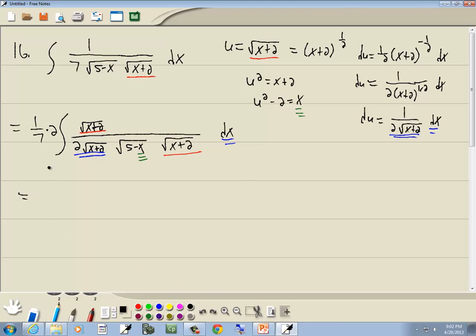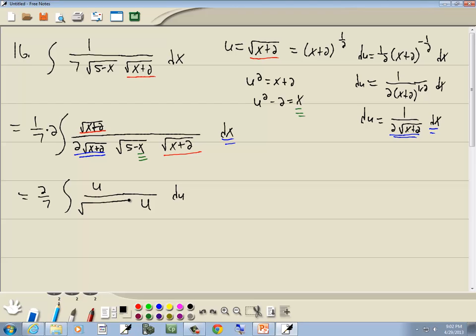So let's do our substitutions. 1/7 times 2 is 2/7. This we said was u, so put that up on top. 2 square root of x plus 2 dx, that gets replaced by du. Now this gets replaced by u. So put a u down here.